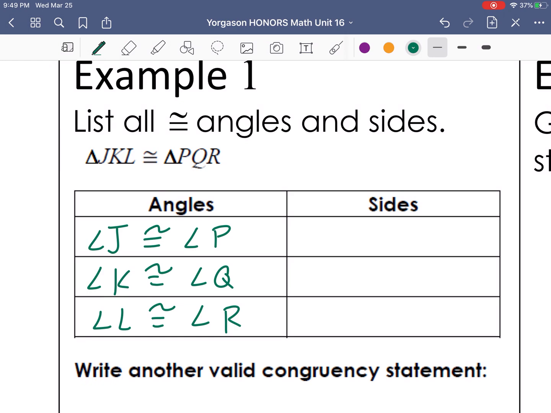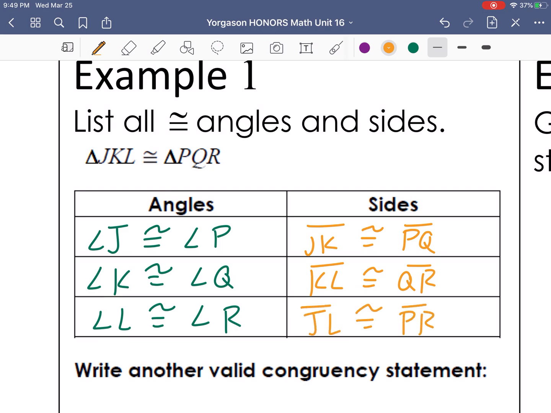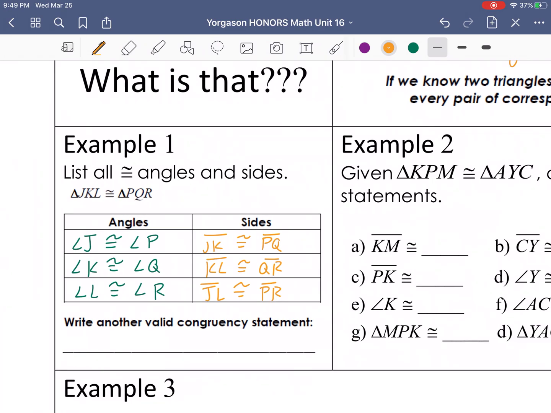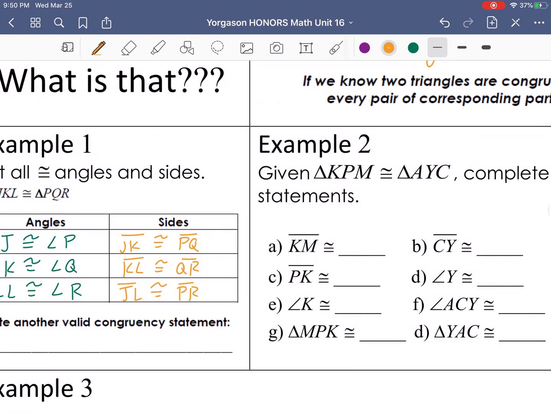So as I'm naming the angles, it has to be the first letter goes with the first letter, middle letter goes with the middle letter, etc. When I'm naming the side lengths, if I've got the first 2 letters, I've got to use the first 2 letters of the other one. Second 2 letters and second 2 letters. And lastly, it's the first and third. Did you beat me? Probably. I was talking while I was doing it too, huh?